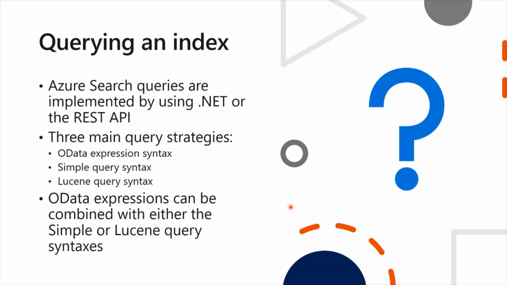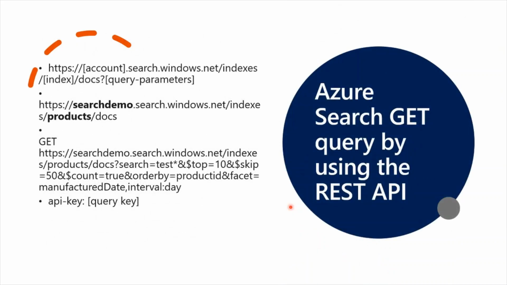So you have to be a bit smart. Azure Search gets queried by using the APIs. Index design and query design are tightly coupled in Azure Search.